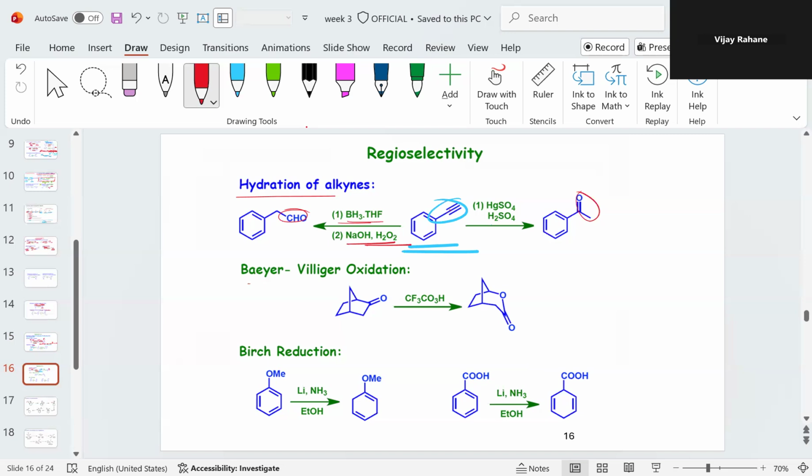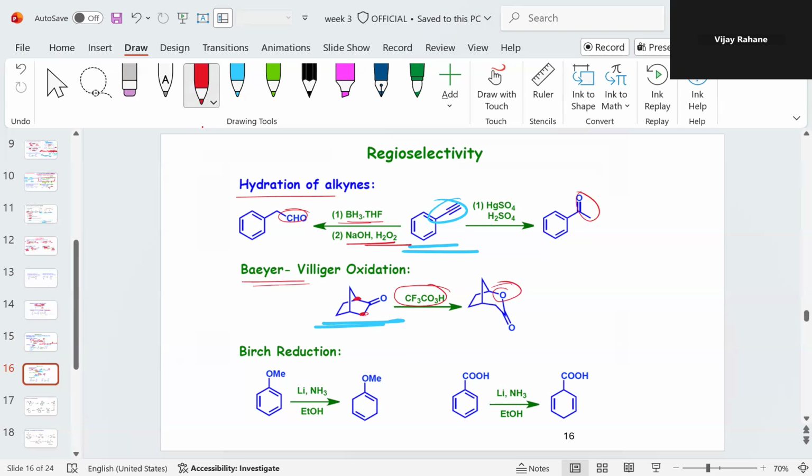Another is the Baeyer-Villiger oxidation reaction. If you look at the starting material for this Baeyer-Villiger oxidation, this carbon is the more substituted and this carbon is the less substituted. If you add the peracid and the reaction occurs, the oxygen insertion takes place on the side of more substitution.